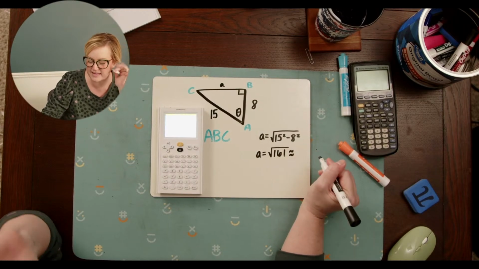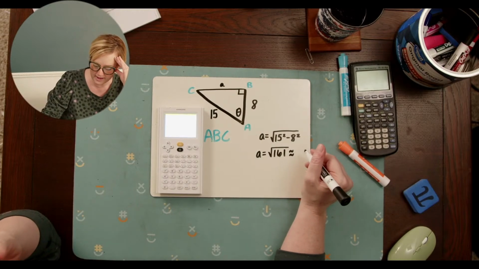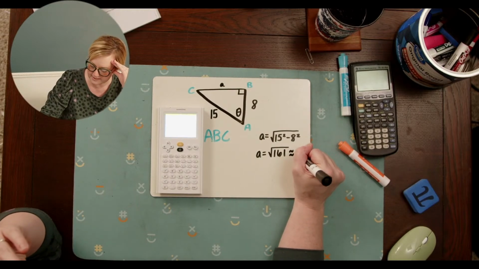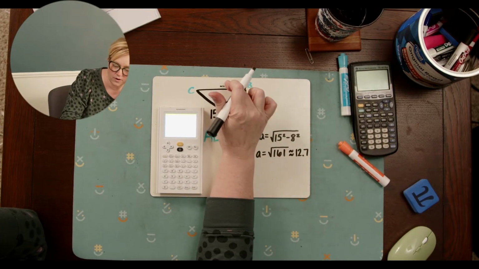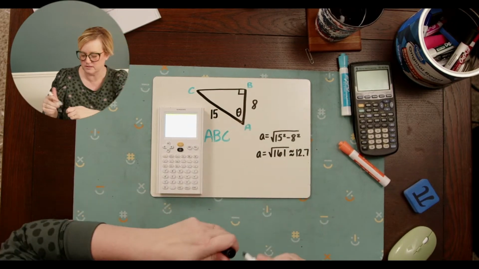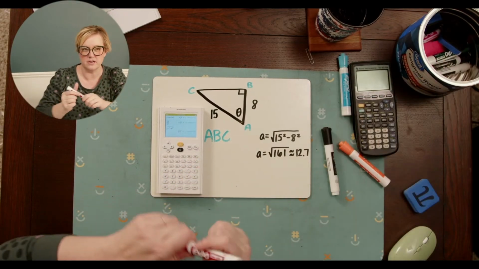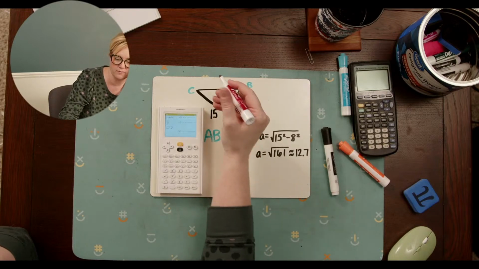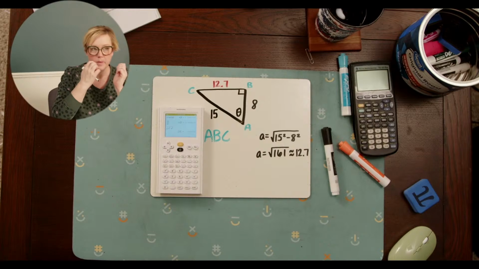When you're finding side lengths, you round to the nearest tenth, and so we get 12.7. For angle measures, we would round to the nearest whole angle.